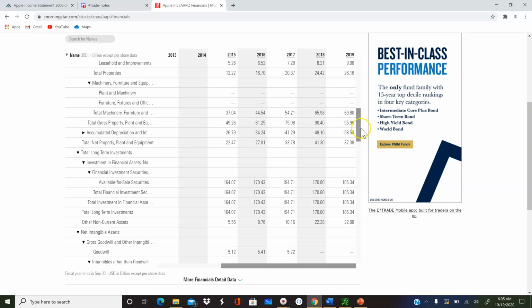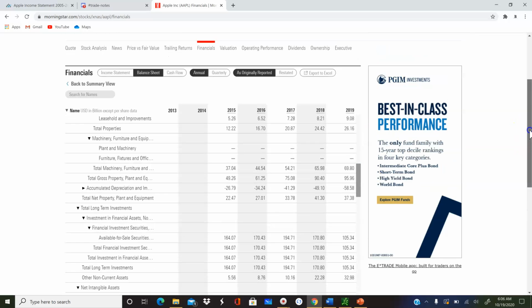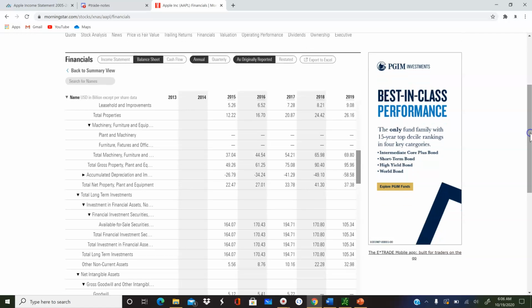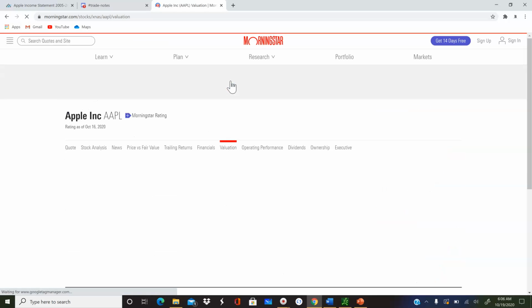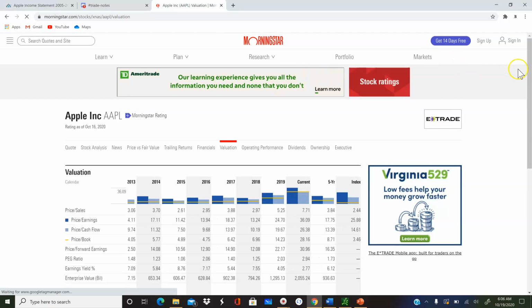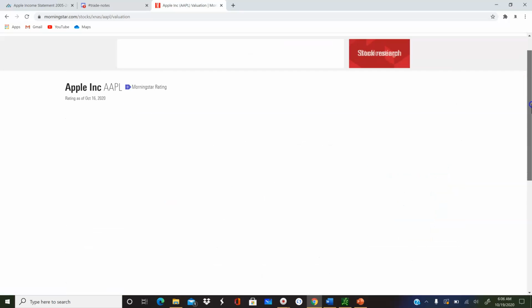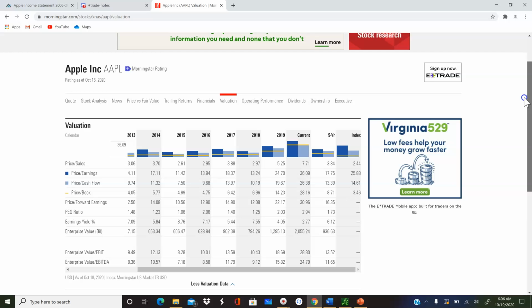Although I calculated that number, mine is a bit different from what Morningstar calculated. I believe Morningstar has 6.61 or something like that. Let's see, where are my ratios?